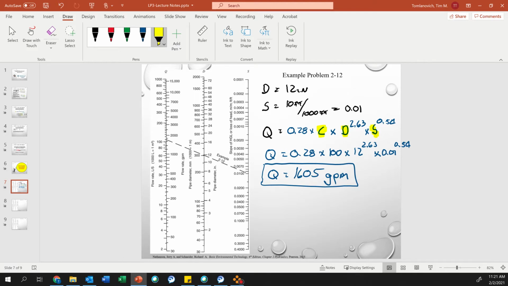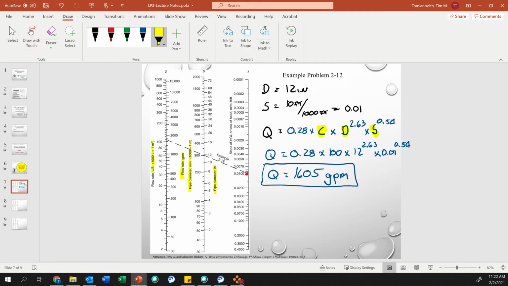Okay, so with that, let's figure this out. So basically what you do is, let's go to slope. So we have 0.01, which is right there. This kind of shows you, but we'll use it with the other examples too. D, so look at which side you're on here. One side is English and one side is metric.